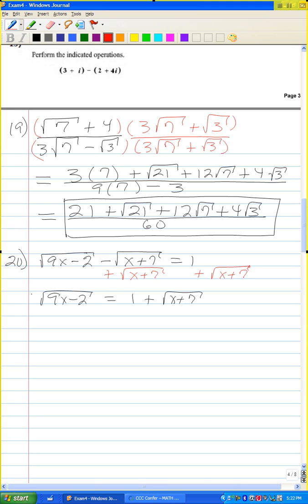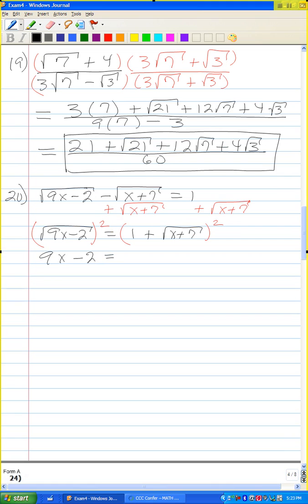Let me square both sides of my equation in order to get rid of the square root. And so I get 9x minus 2 is equal to, by the special product formula, 1 squared plus 1 times radical x plus 7 times 2 is 2 radical x plus 7, plus radical x plus 7 quantity squared, which the square gets rid of the square root, so you just get x plus 7.